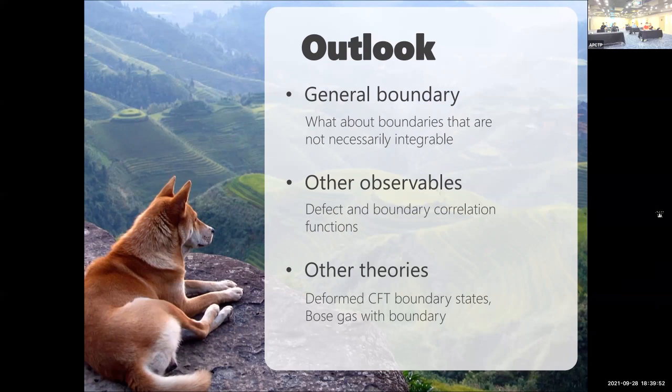So for an arbitrary BCFT, you don't have higher charges, so in general you cannot deform by higher charges. Is that what you mean? Well, in some cases you can. I'm just saying, even without the CFT, you can do that. You can do the boundary. Okay. Thank you.